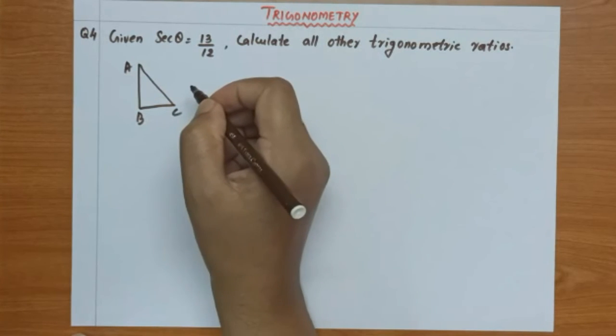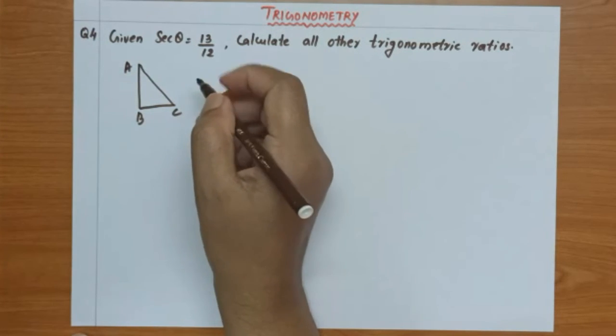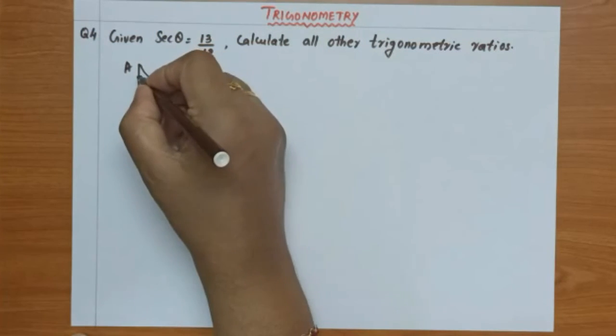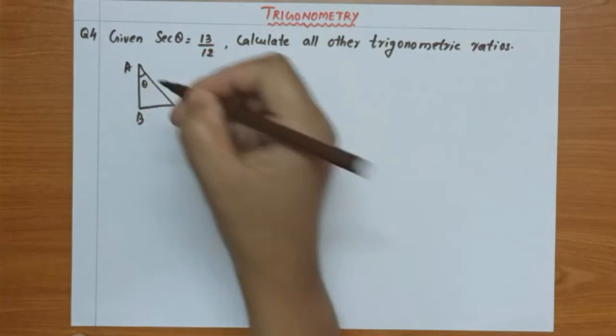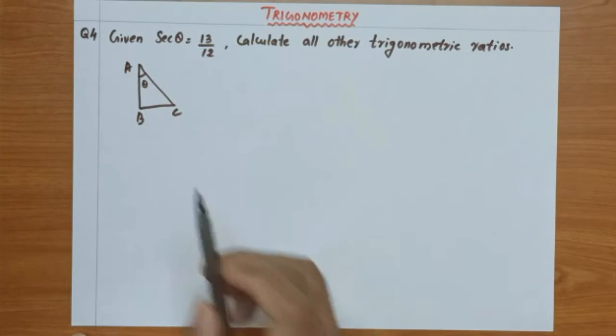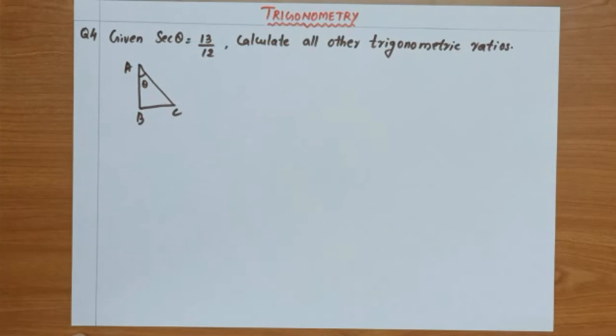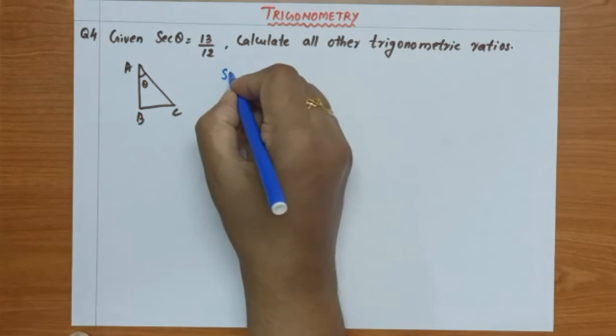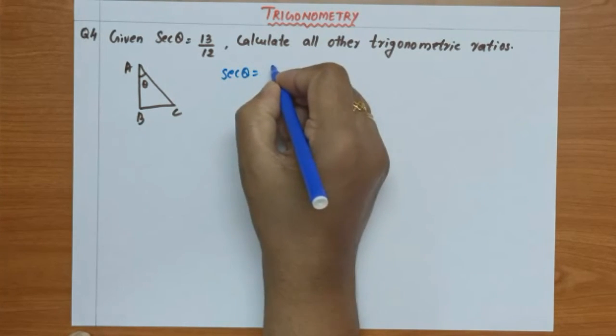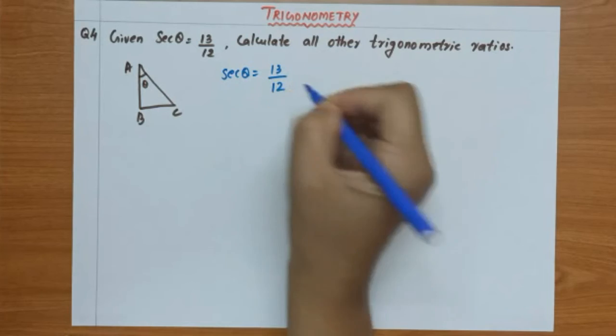Here there is given sec theta. Theta is representing the measurement of an angle. So I am marking here it is theta. So sec theta, it is 13 by 12 there is given.